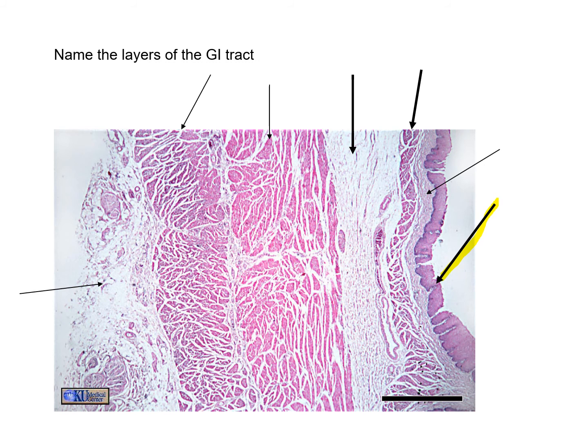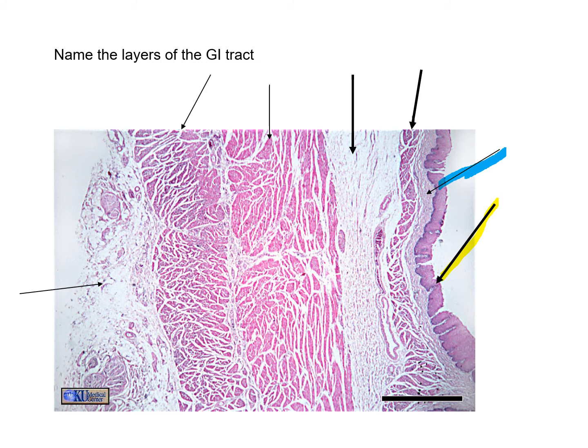Now, what about the second arrow that I'm highlighting in blue? Submucosa? That is actually the basal lamina that the epithelium anchors into. We're not to the submucosa yet.